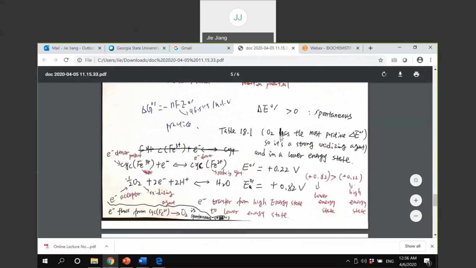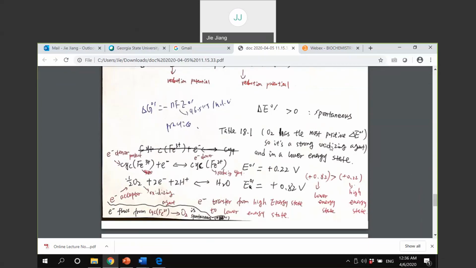The molecule, or the element, that has the most positive E, sorry, here should be E, no delta, the most positive cell potential should always be your electron acceptor, because it has the highest affinity for the electron, right? Like here, if you compare these two, they're both positive, so this larger one should be the electron acceptor. The smaller one should be the electron donor.